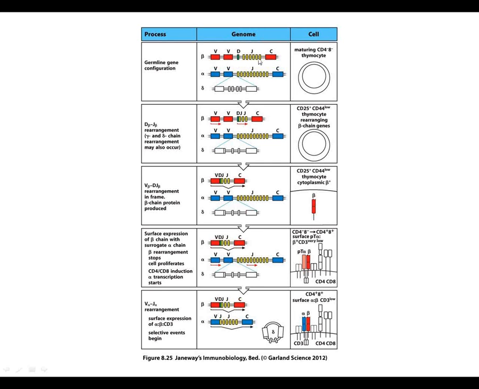And then, of course, you also have to rearrange your alpha chain, and only then do you get an alpha beta. And, of course, you have to get expression of the rest of the T-cell receptor complex, which we've spoken of before, too, right? CD3, the zeta chains, and the co-receptor CD4 or CD8. But it's the alpha and beta chains that rearrange. Beta first, and then a pre-T alpha chain is going to hold it there until that alpha chain has time to rearrange and come out.